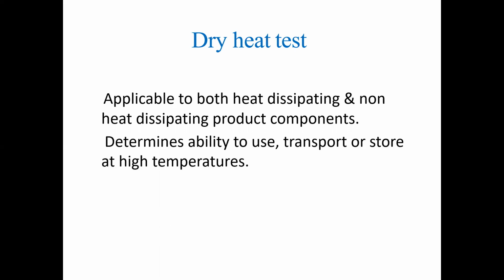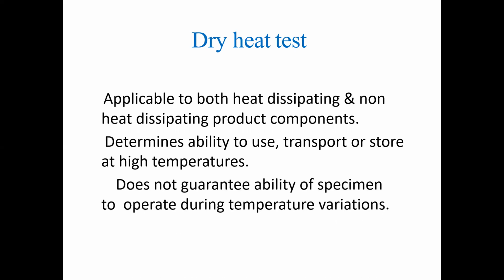It determines the ability to use, transport or store at high temperature. What is happening at the high temperature is determined, but it does not guarantee the ability of the specimen to operate during the temperature variation. So this test will not give the guarantee of that.